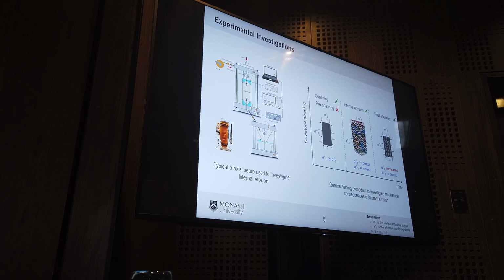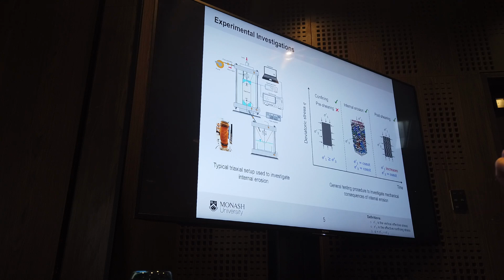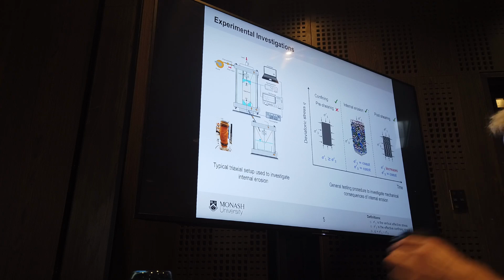And then we subject the soil specimen to internal erosion and measure the mass loss with different quantities of the hydraulic gradient. And then after that, once the sample was eroded, we shear the soil specimen. So basically, we're looking at how the mass loss affects the mechanical behavior of the material.